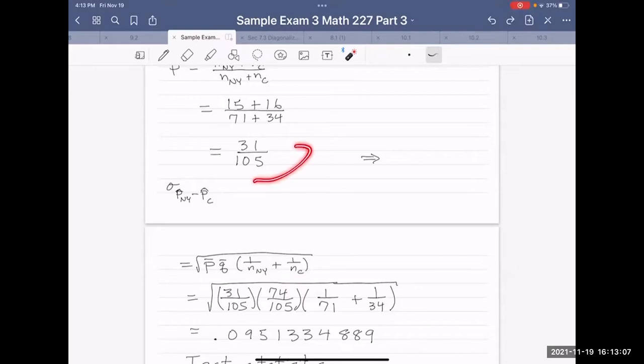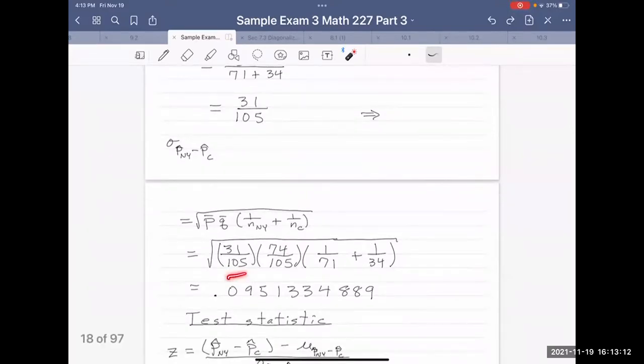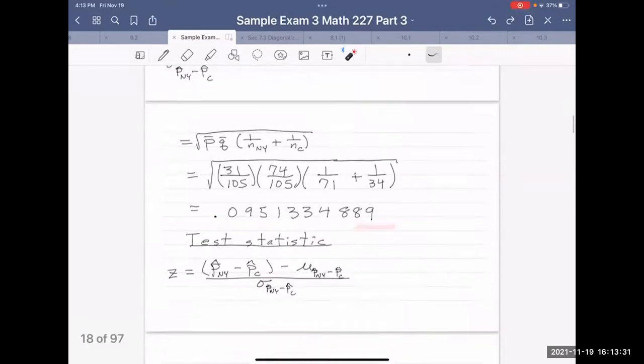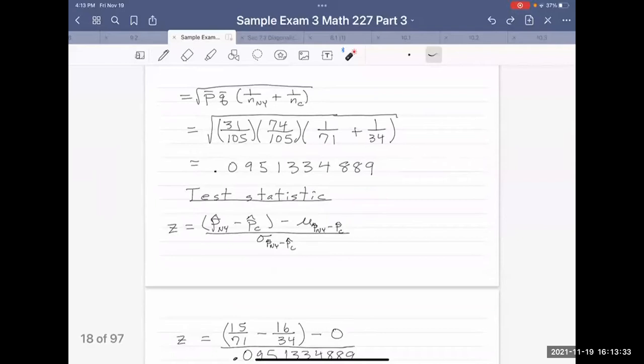And so I have 31 over 105, the square root of 31 over 105. If there are 31 successes out of 105, then there are 74 failures out of 105, times 1 over 71 plus 1 over 34. So I get 0.09513348889.